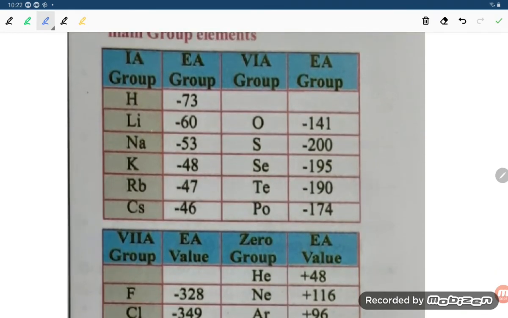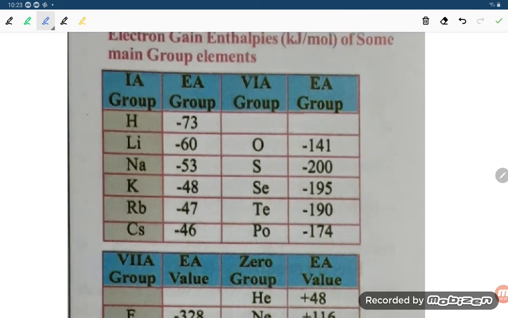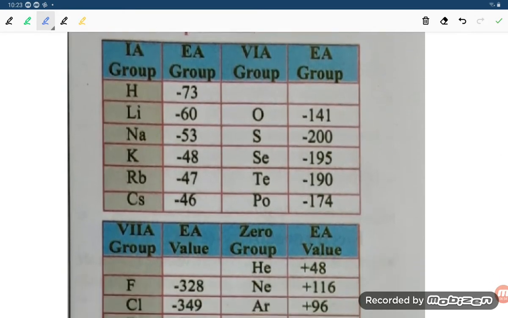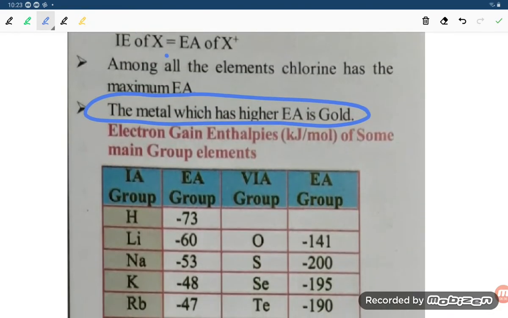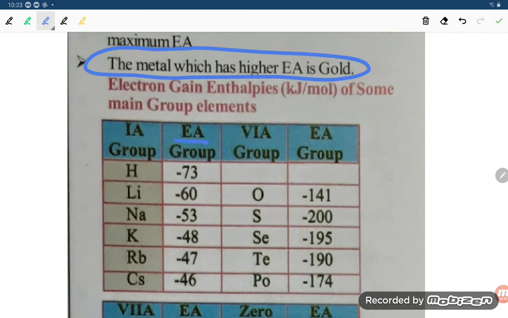Hydrogen is minus 73, lithium minus 60, sodium minus 53, so these groups have their electron affinities mentioned. Electron affinity of some main group elements: the first group, the fourth A group, and the oxygen family.